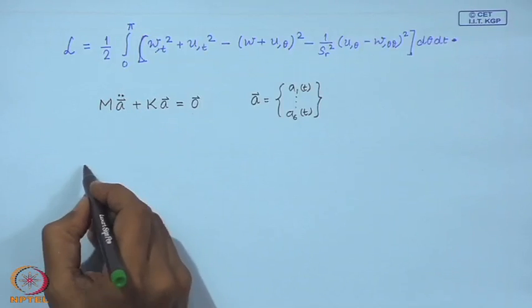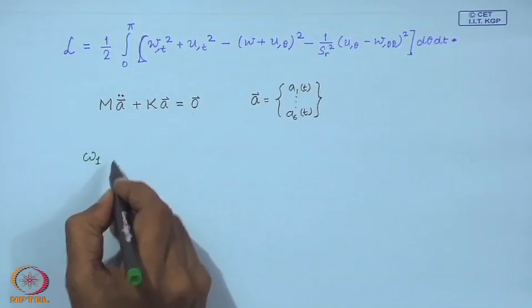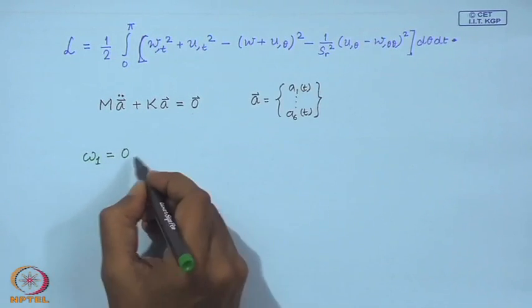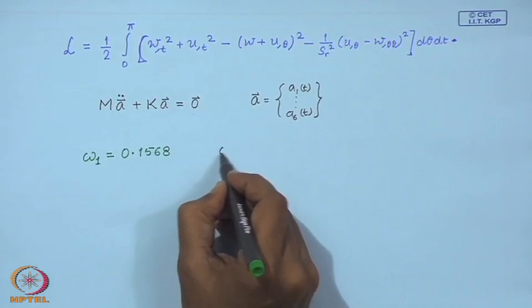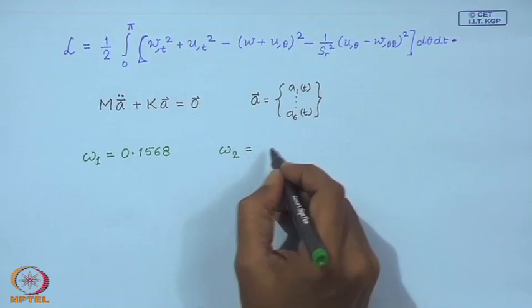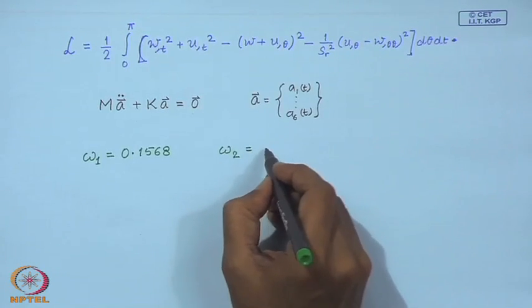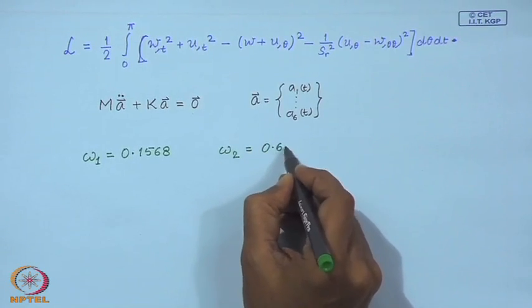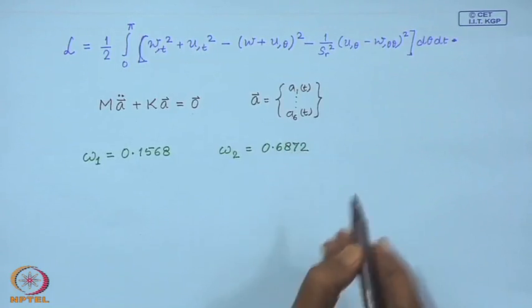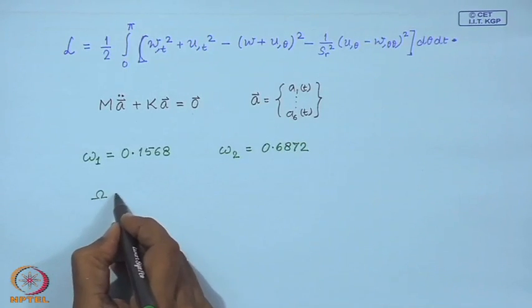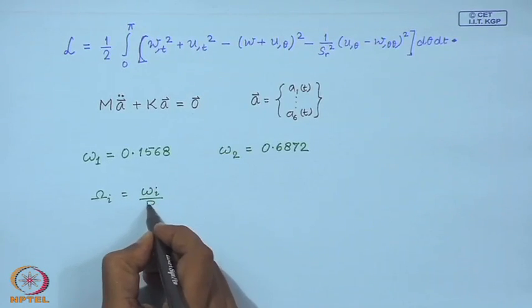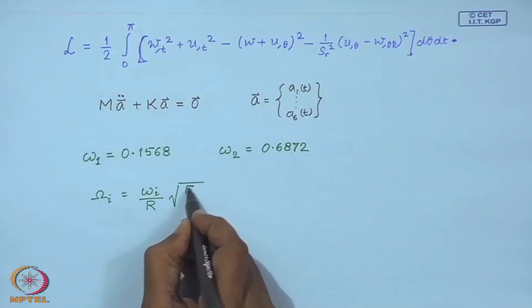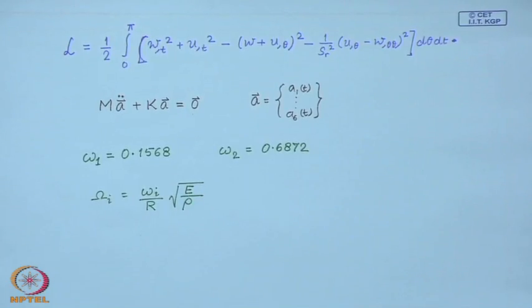So, for this pinned arch, the first two non-dimensional circular eigen frequencies are obtained as. Now, from here you can calculate the dimensional circular eigen frequency.